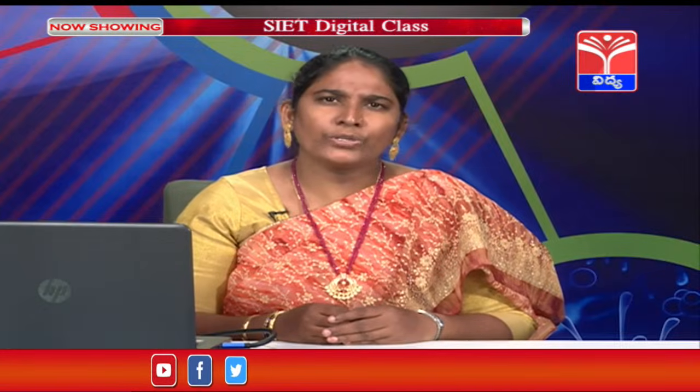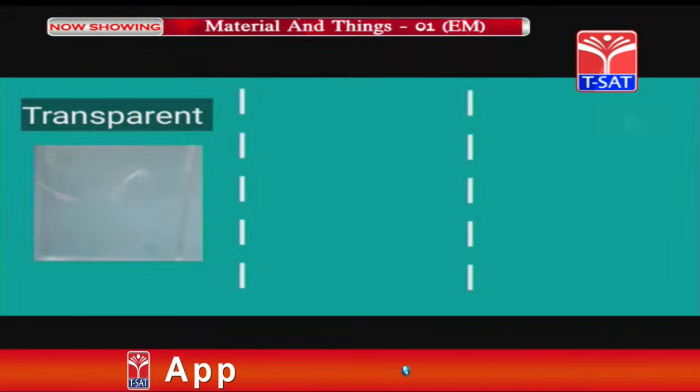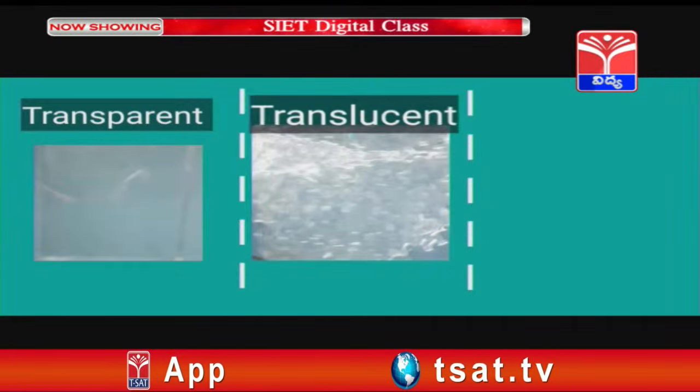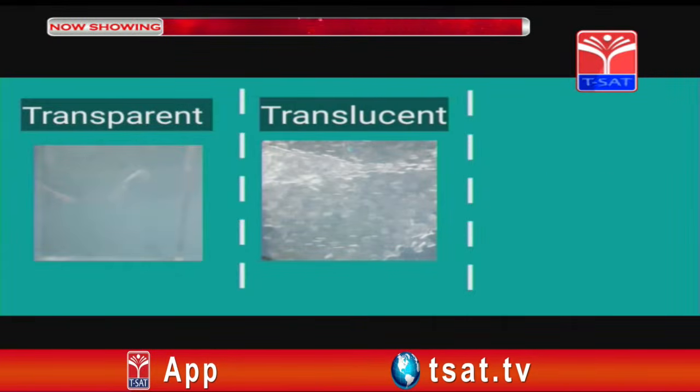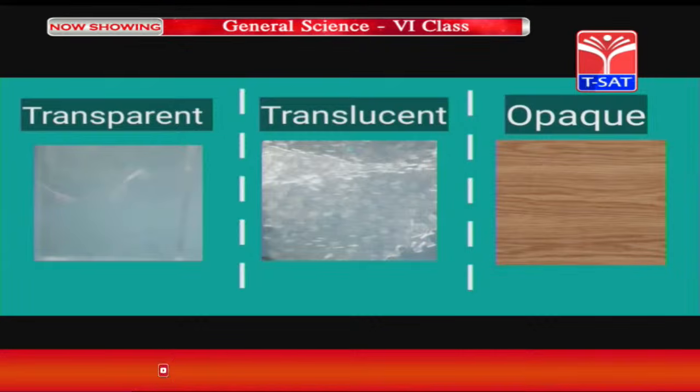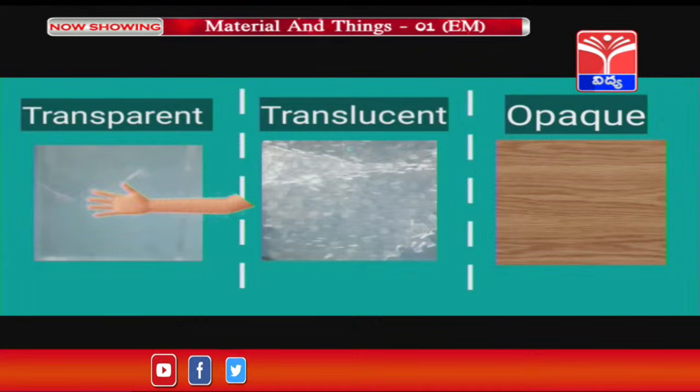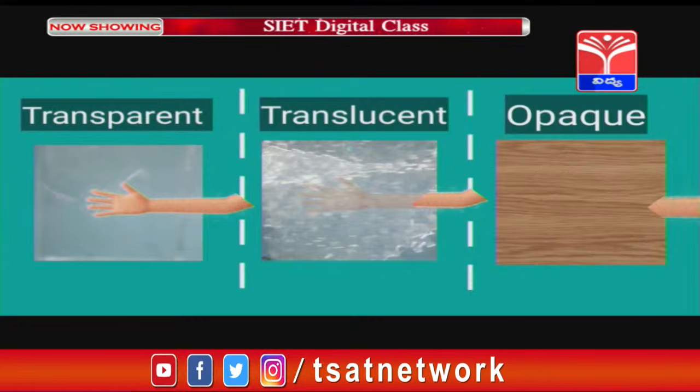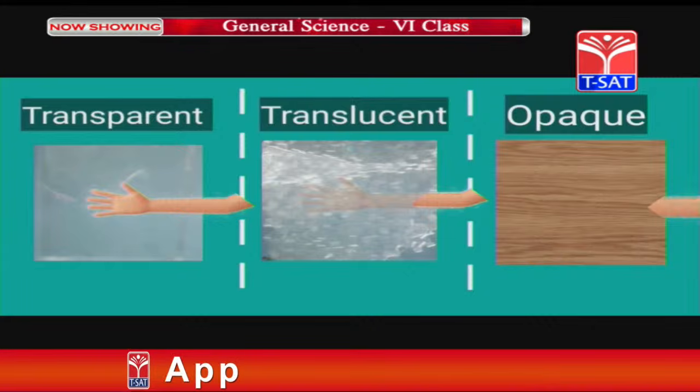Now, we will try to differentiate the transparent, translucent and opaque materials. Look here, this is a transparent material, children. Next, you see the translucent material and the wood is an opaque material. Children, what do you observe here? Through the transparent material, if you put your hand there, you can see the hand clearly.